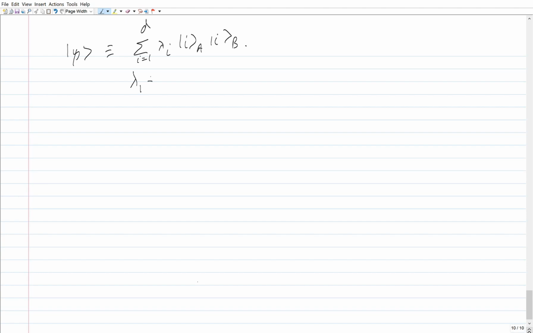So let me say lambda 1 is 1 and lambda I is 0 for all I not equal to 1. Then my state is just 1, 1. And this is a product state.